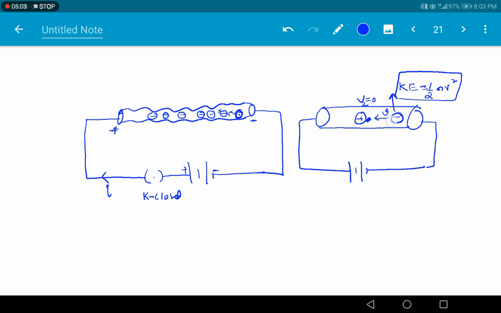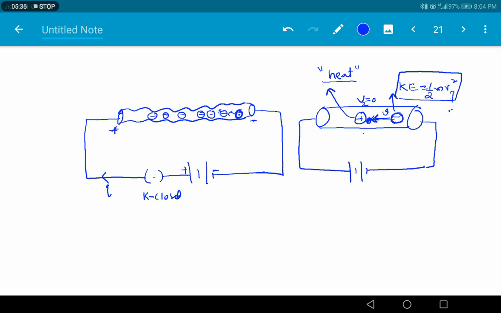When the velocity drops to zero, what happens to this energy? According to the law of conservation of energy, energy can neither be created nor destroyed. So during the collision, the kinetic energy of the electron appears in the form of heat energy. This is the reason why the conductor gets heated due to passage of the current.